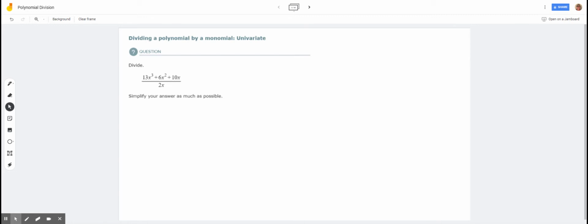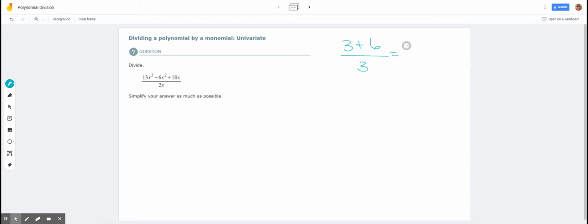So first we're going to do dividing a polynomial by a monomial, in one variable. Taking a look at this one, it's really pretty simple. This is going back to fractions. If you had something like 3 plus 6 over 3, you can tell that's going to be 3, right? Because 3 plus 6 is 9, and 9 divided by 3 is 3.